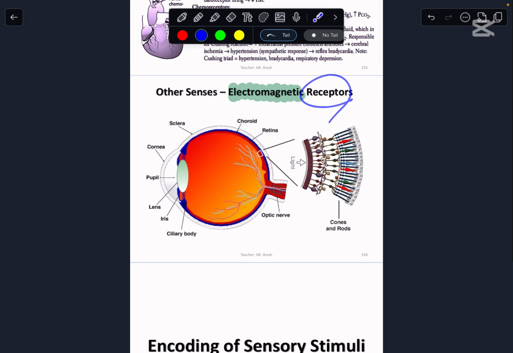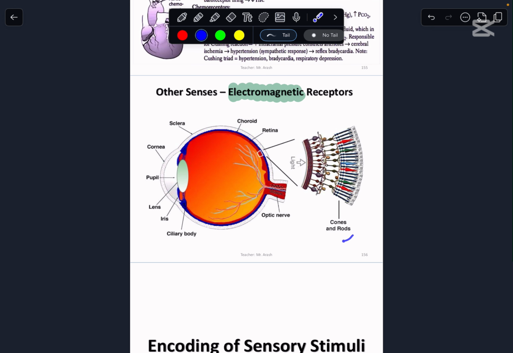A receptor in the nervous system is a type of specialized cell which carries a specific function to translate a specific type of stimulus into electrical stimulus. An electromagnetic receptor is a nervous tissue cell that turns electromagnetic radiation, that's essentially light, into electrical signal.